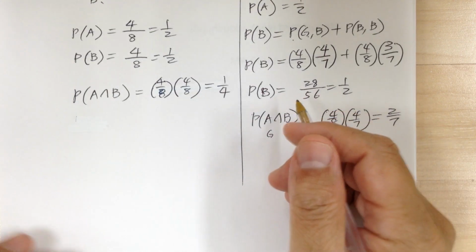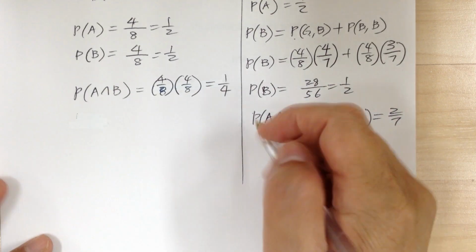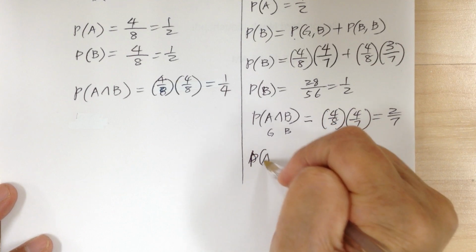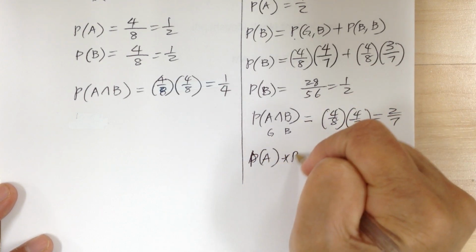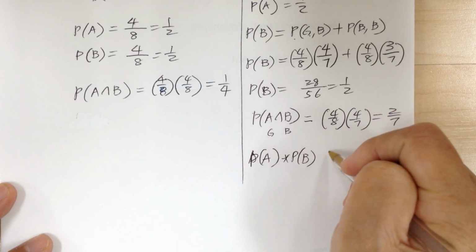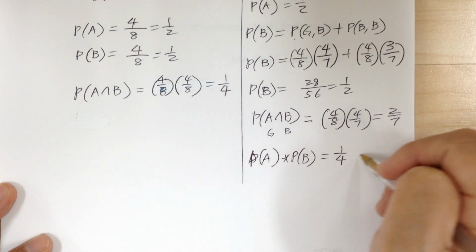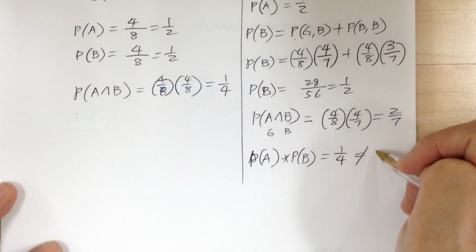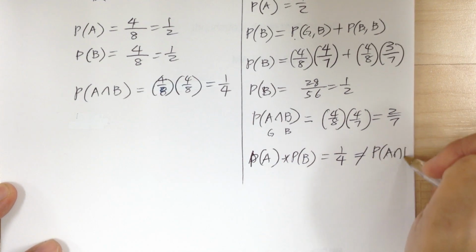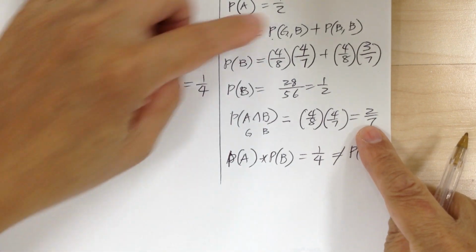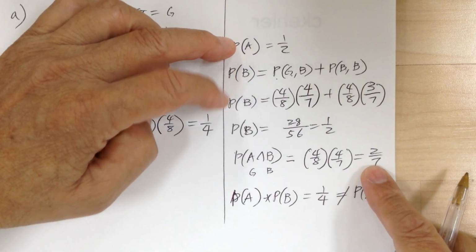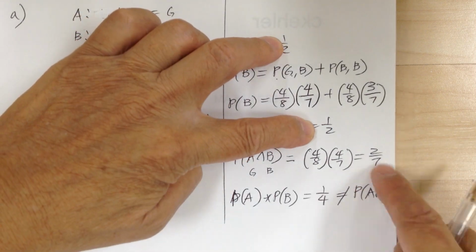So what I try to show you is that P of A times P of B equals 1/4, and it's not equal to P of A intersect B. See that? So this times this does not equal that.